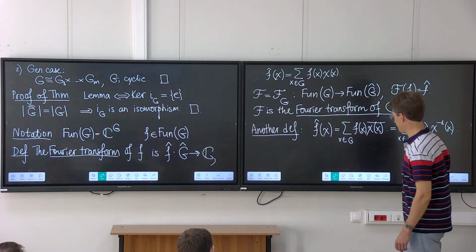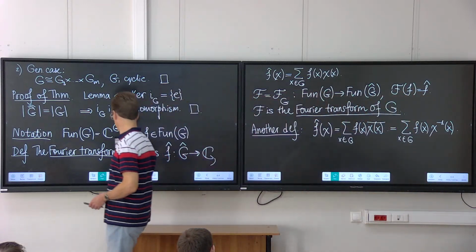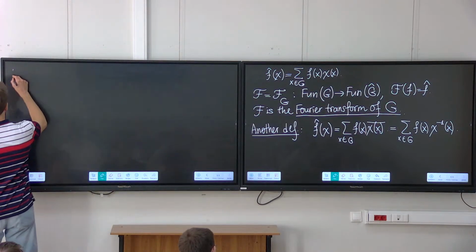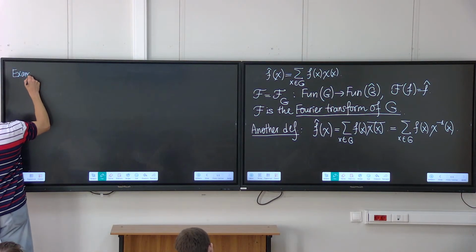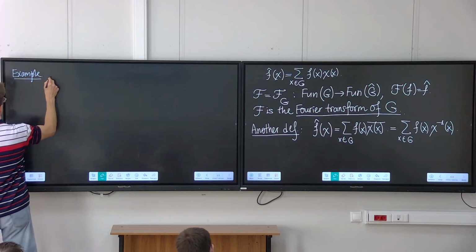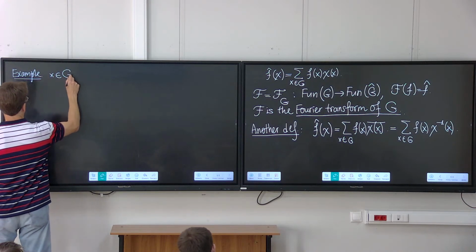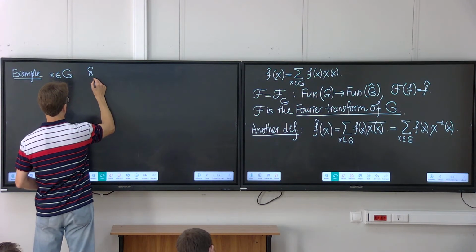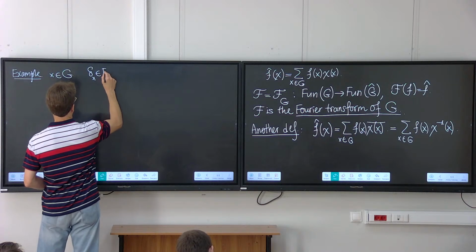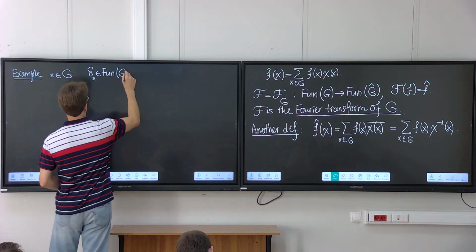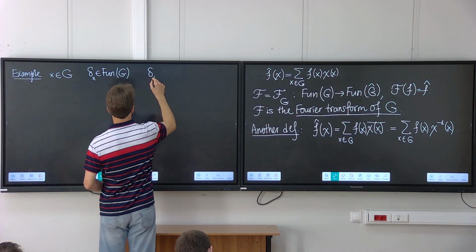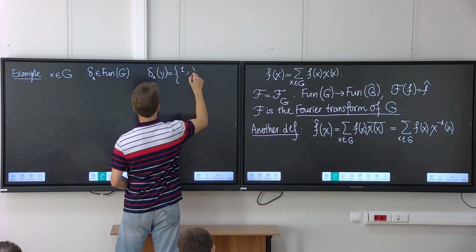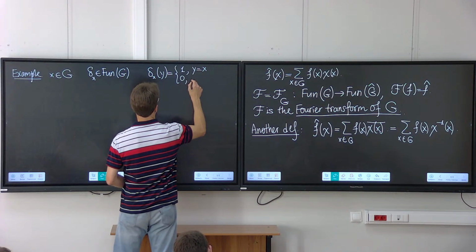Okay, let's now look at some examples. Take a point x in G and consider the respective delta function, delta x. So this is the function which is equal to 1 at x and 0 elsewhere.